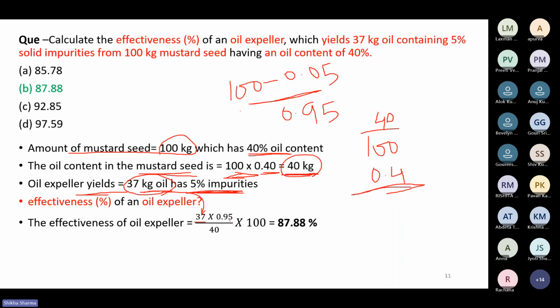So 37 into 0.95 divided by the input, which is 40, and since we need to calculate the percentage, into 100, it is going to give 87.88% effectiveness of the oil expeller.